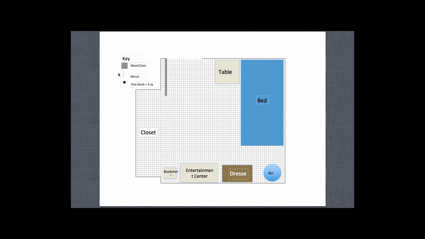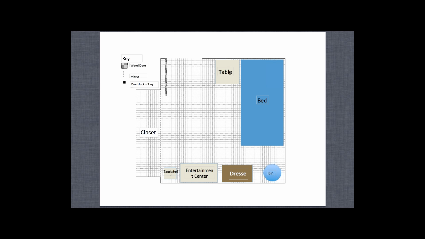And then 1 block equals 2 square meters. Okay, so two squares, and these are tiny little squares, so that does make sense. He's saying that two of those little squares equals 2 meters.